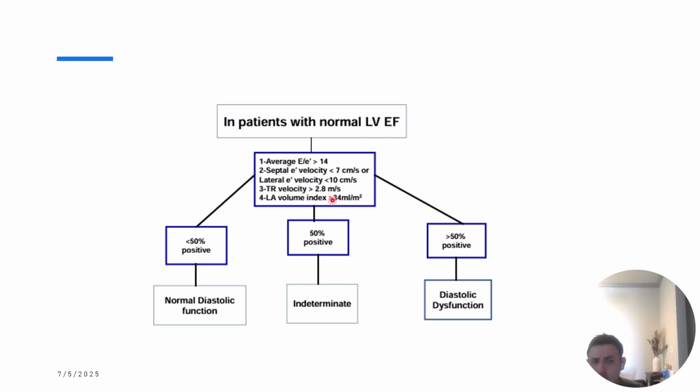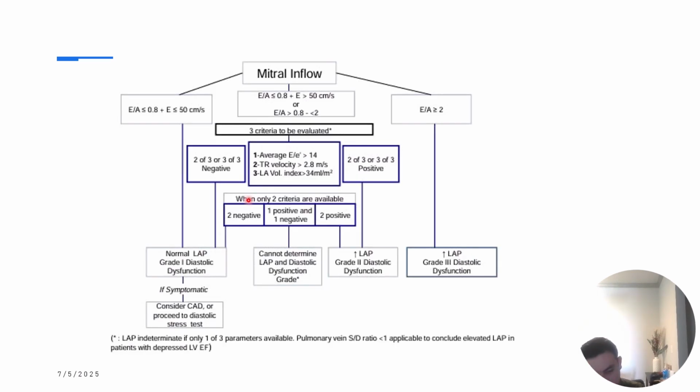We're going to review what all of these parameters mean and how you obtain them. Then they tell you, if you have a normal diastole, you should focus on E over E prime and E over A. So with E over A more than 2, you're going to have elevated left atrial pressure; if it is less than 0.8, but the E velocity is less than 50, you have grade 1 diastolic dysfunction, but with normal left atrial pressure.